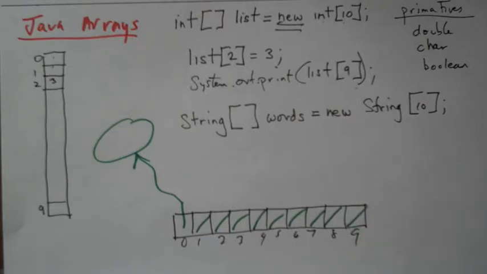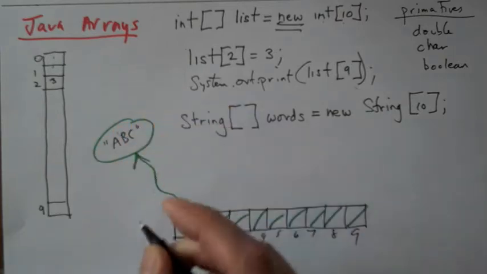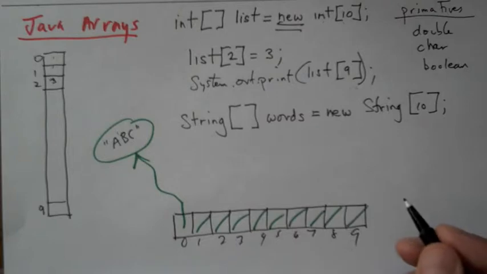Okay? So, the way we would have done this, let's say this has ABC in it, the string ABC, you can guess how we would have done this.